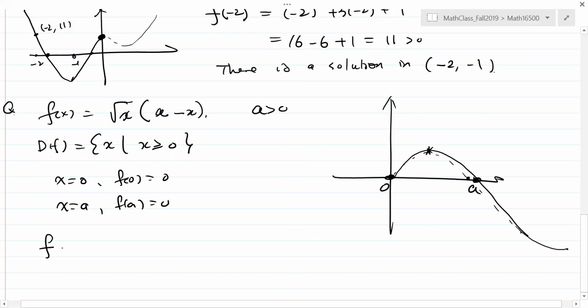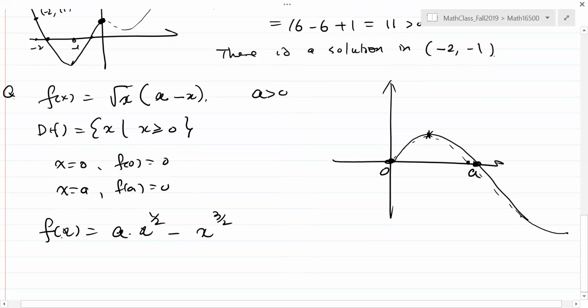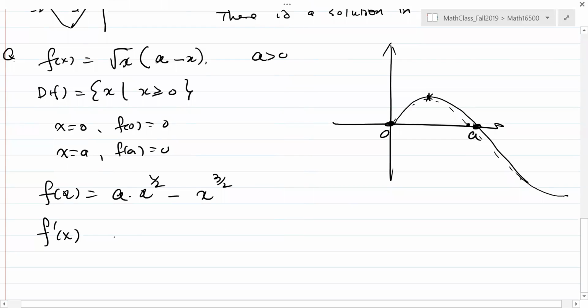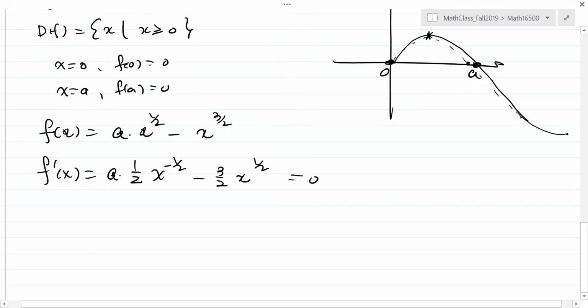f of x is going to be a times x to the 1/2 minus x to the 3/2. So the derivative is a times 1/2 x to the negative 1/2 minus 3/2 x to the 1/2. And you have to solve this.